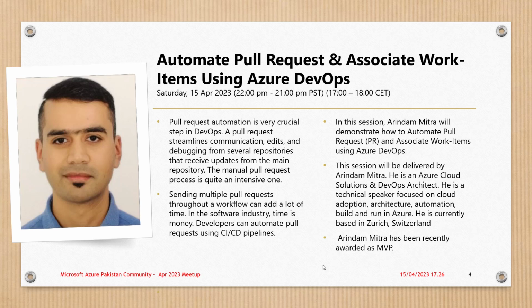The manual pull request process is quite an intensive one. Sending multiple pull requests throughout a workflow can add a lot of time, and in the software industry, time is very critical. So developers can automate pull requests using CI/CD pipelines. In today's session, Arindam Mitra will demonstrate how to automate pull requests and associate work items using Azure DevOps.